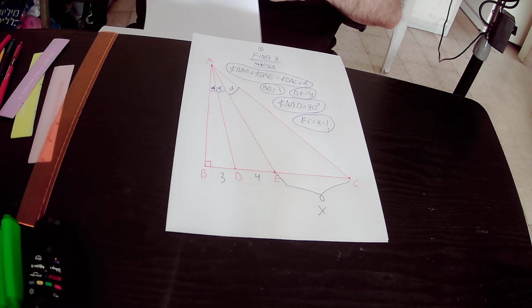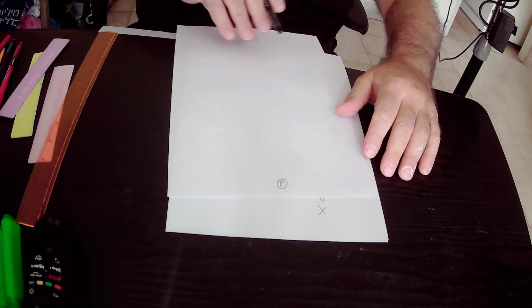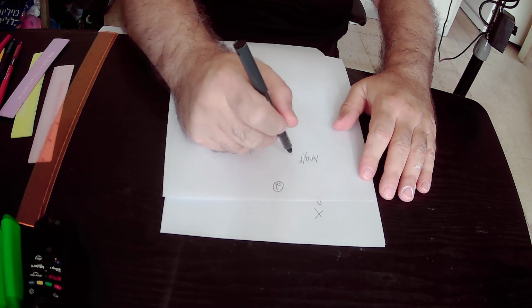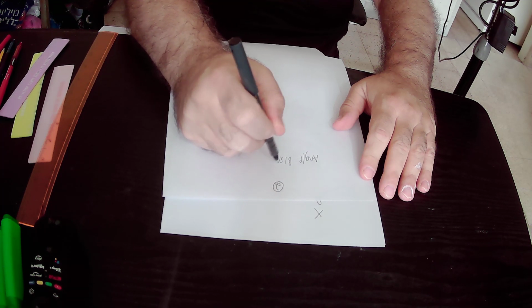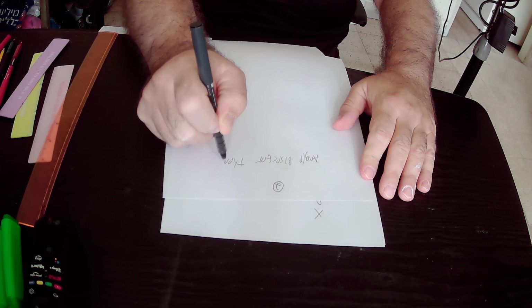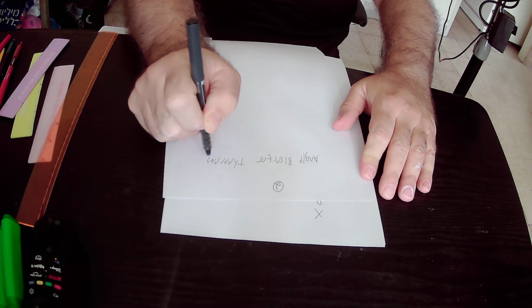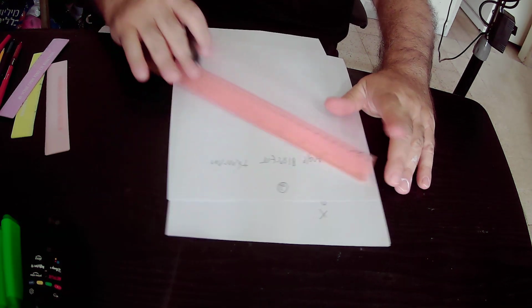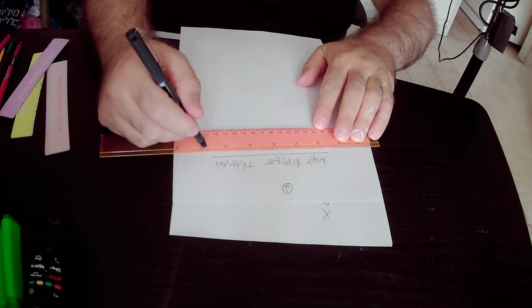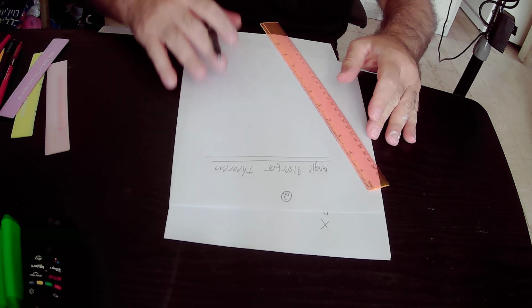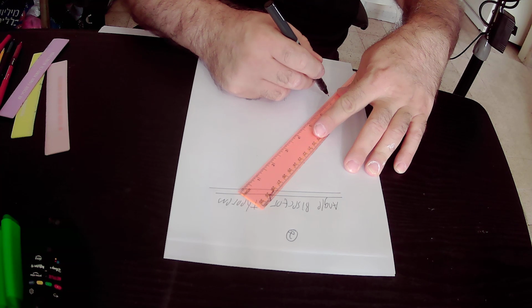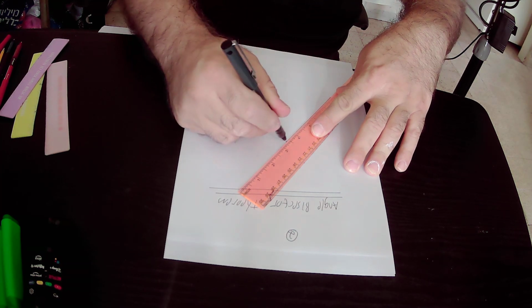The angle bisector theorem is related to triangles.